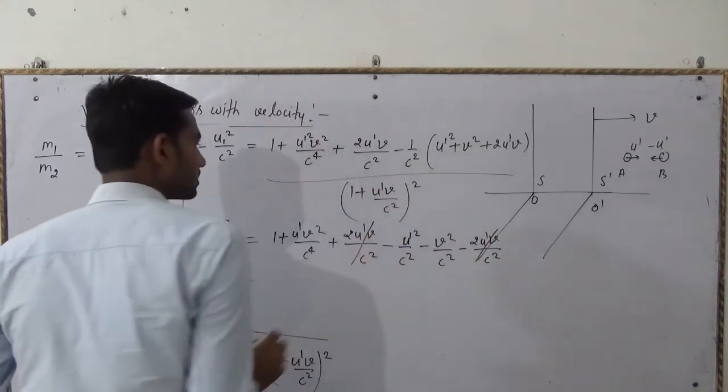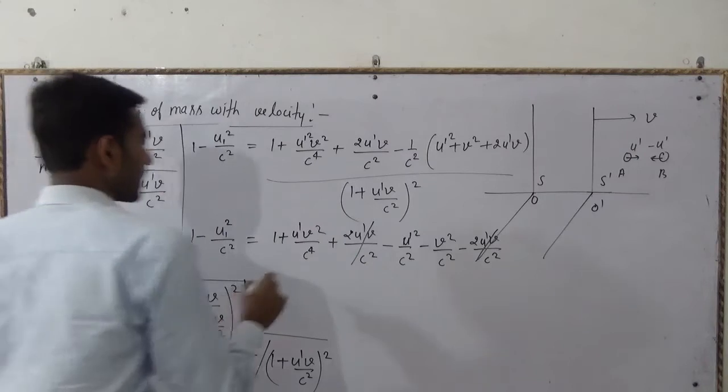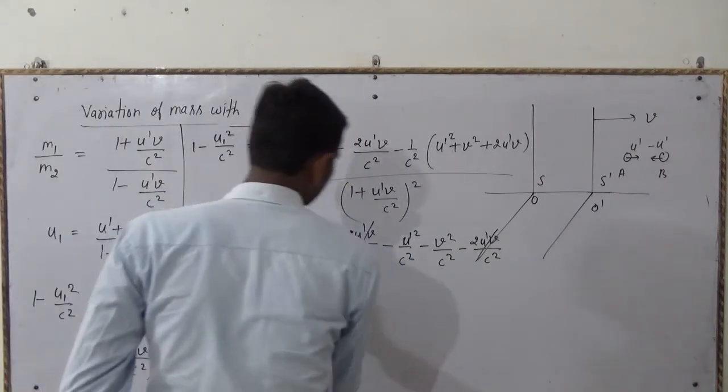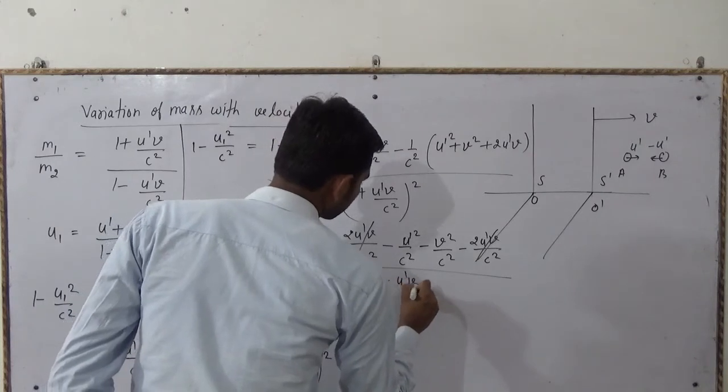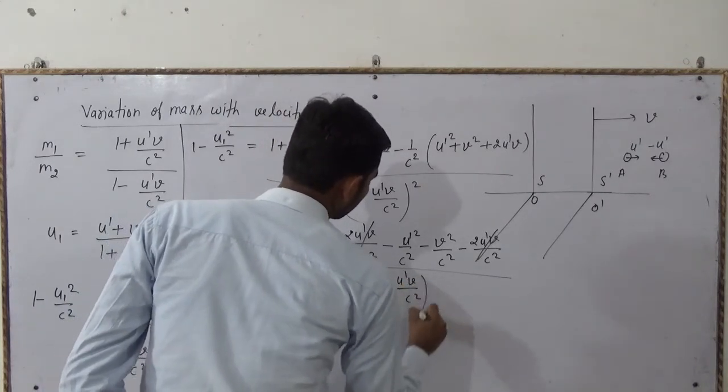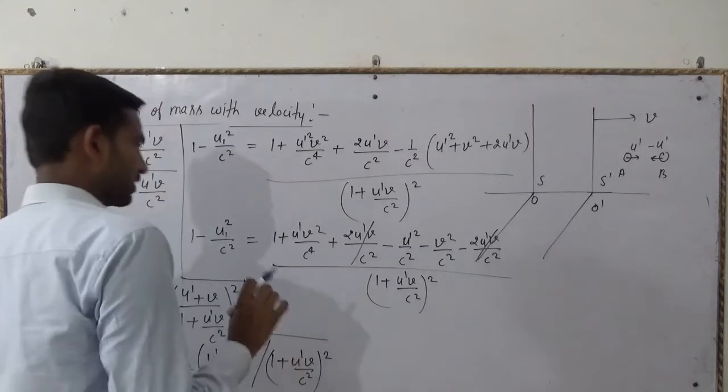This term and this term will cancel out, upon, in the denominator, 1 plus u dash v by c square to the whole square.